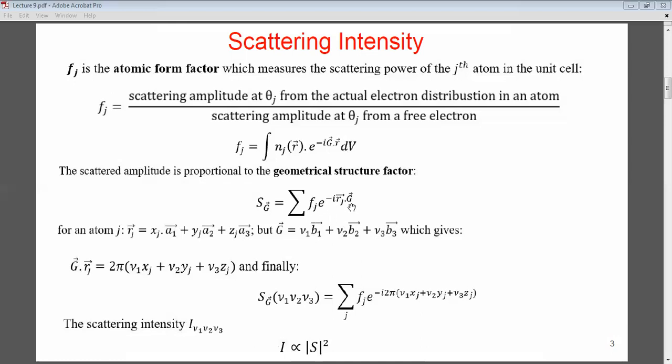If I do now the dot product of G dot Rj, I get 2 pi times v1 xj plus v2 yj plus v3 zj.